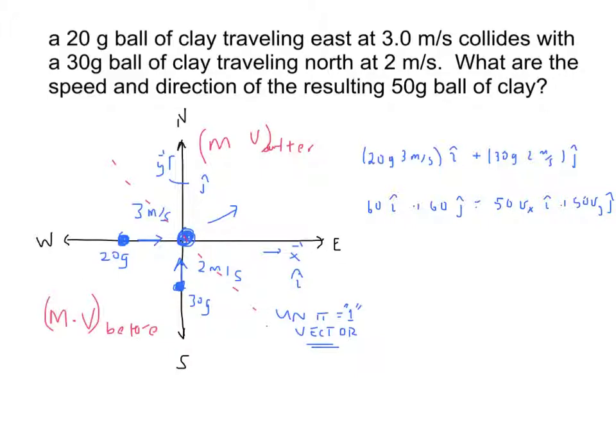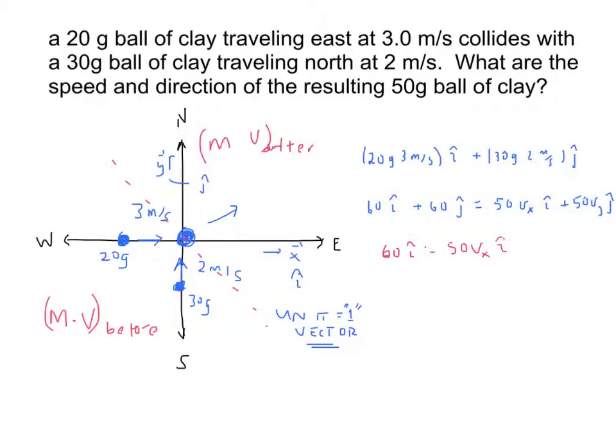Comparing these, you can see that the components must match. Let's just take the x. For the x, we have 60i equals 50 vx times i, where vx is the velocity in the x direction.